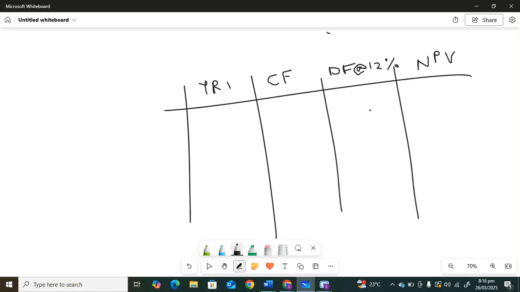As I said, we are using the present value formula. Remember the present value formula?